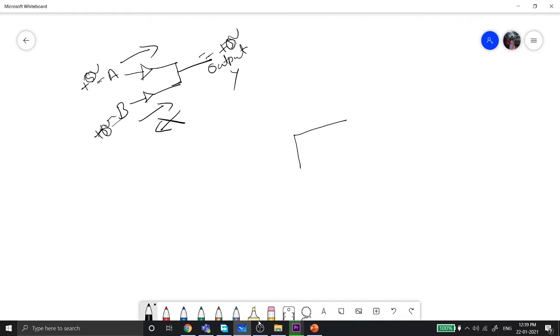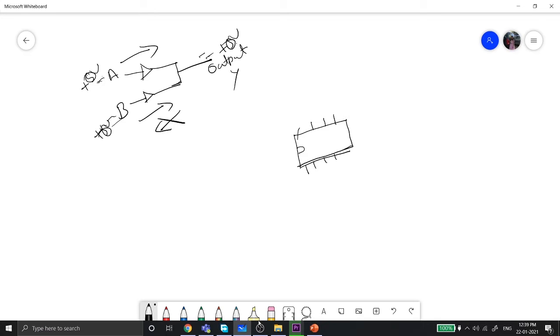So this is an IC chip. In an IC chip there will be a notch somewhere, and there will be pins 1 2 3 4, 1 2 3 4. So this is an 8-pin IC.